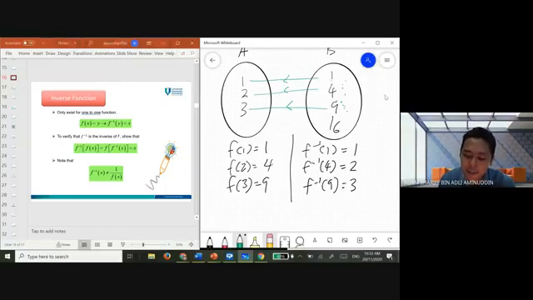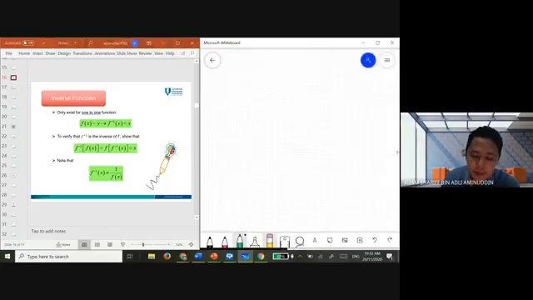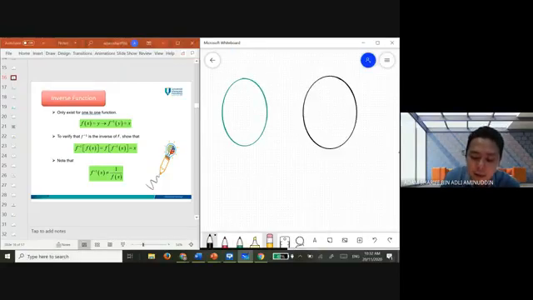So what happens if it is not one to one? Macam ni. Simple. 2, negative 2. And the function is defined as x squared. Okay. So jelas ini jawapan dia 4.